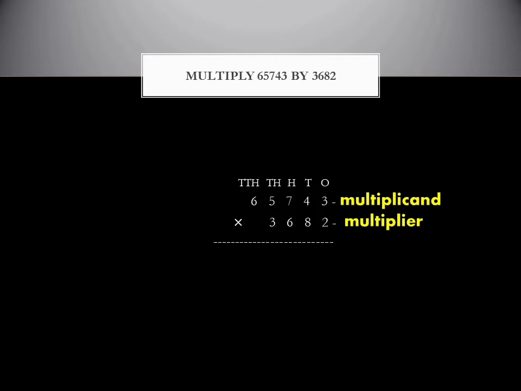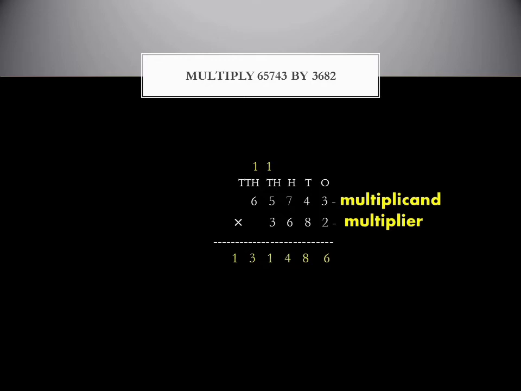Now multiply 65,743 by the ones place of the multiplier, that is 2. So we multiply these numbers. 2 3s are 6, then 2 4s are 8, then 2 7s are 14. So we write 4 and carry forward 1. Then 2 5s are 10 plus carried over 1 equals 11.